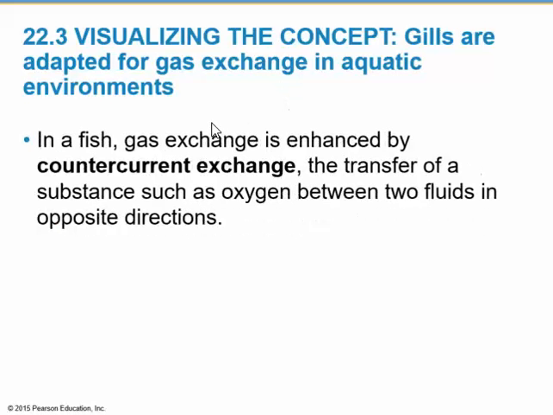Now, fish have an adaptation that promotes taking in enough oxygen and getting rid of the carbon dioxide between the water and blood. And this gas exchange is a countercurrent exchange. So the transfer between two fluids, in this case water and blood, occurs in opposite directions.